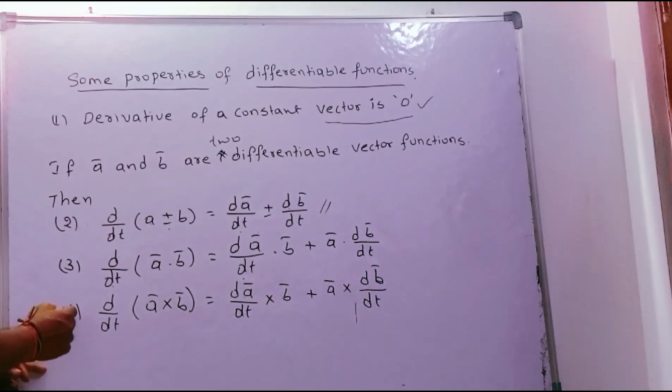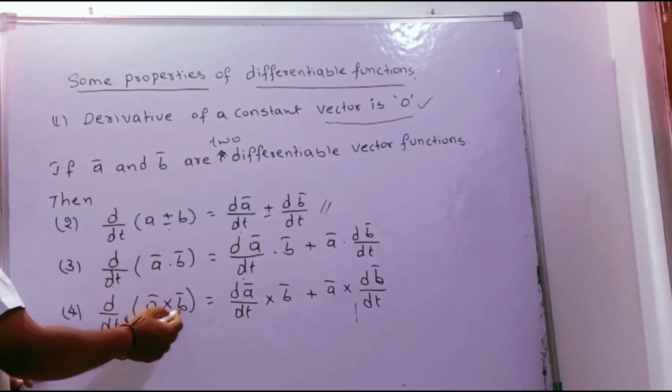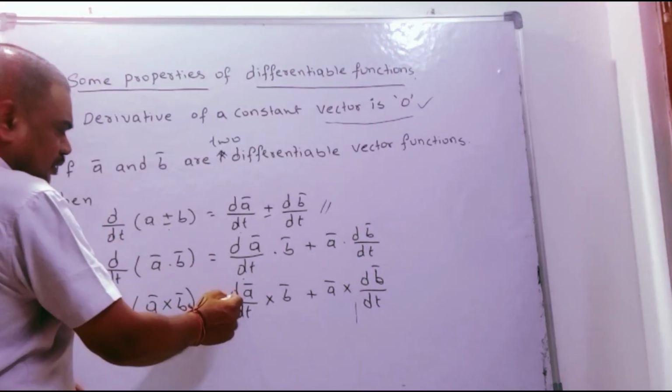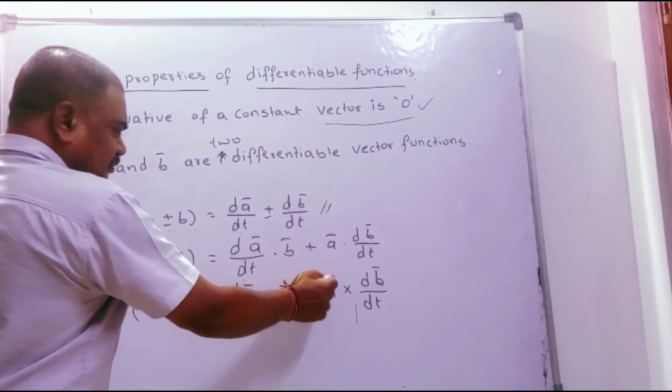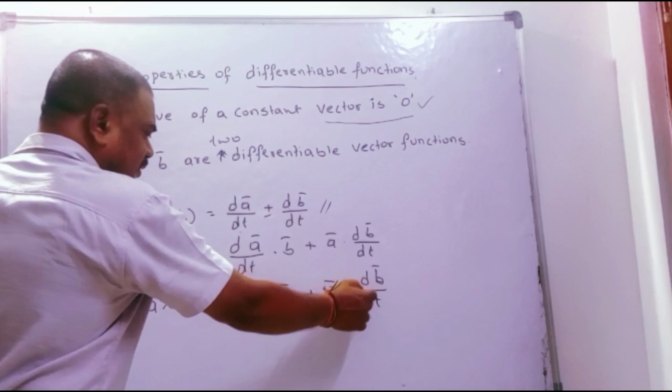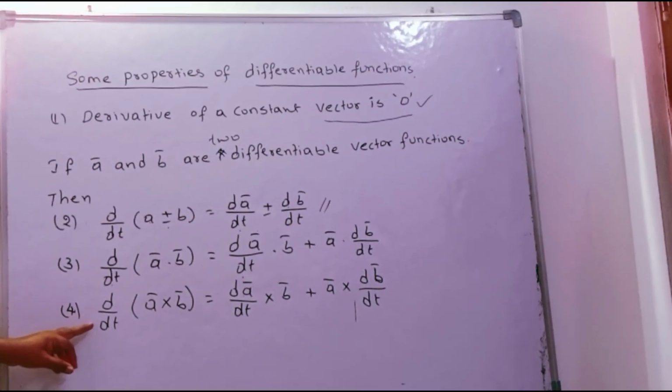For the cross product, d by dt of A vector cross B vector equal to dA vector by dt cross B vector plus A vector cross dB vector by dt. This is the fourth result.